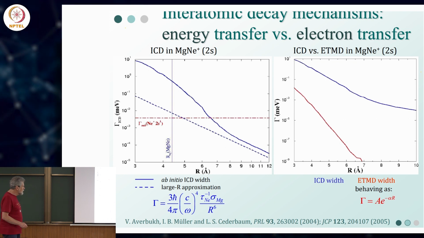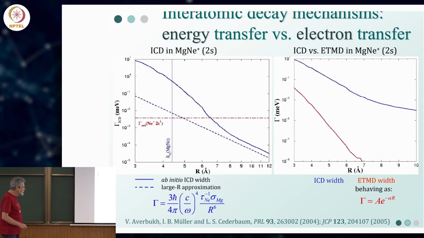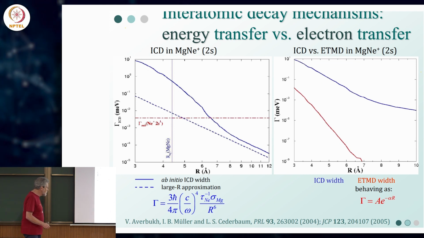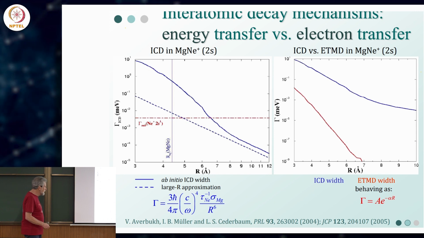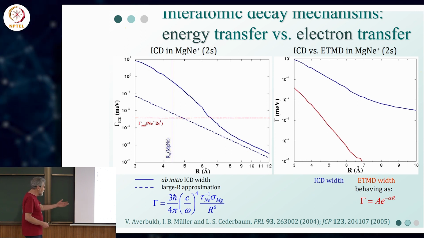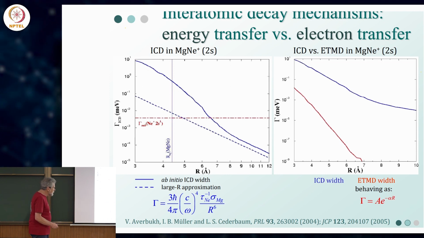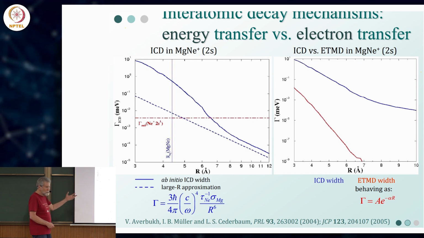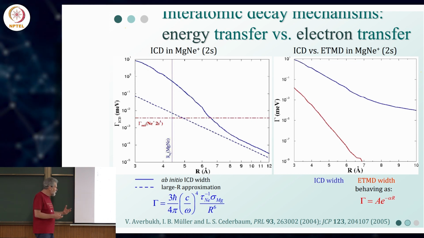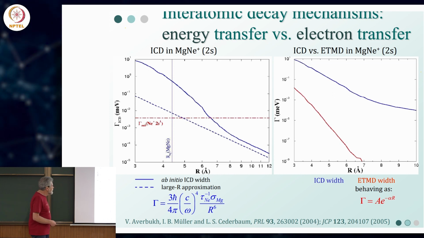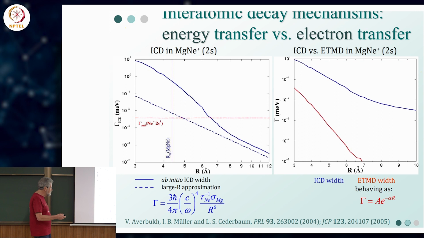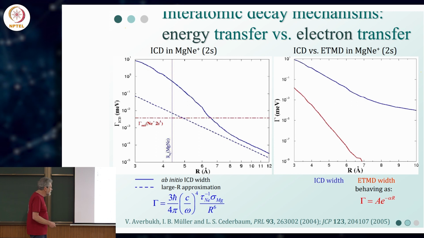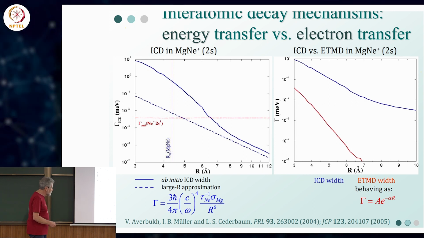At large distance, you can show that the gamma, the rate, is 1 over omega, the excess energy, to the power of 4, which tells you that the smaller the excess energy, and you can still ionize the neighbor, the better. Then it depends, of course, on the photoionization cross-section of the neighbor, which you want to ionize. This is very intuitive. It's like a photon, and it's indeed called virtual photon. So no photon is involved, but the mechanism, if you calculate it, looks like a dipole transition, as if there was a photon, which is called virtual photon.